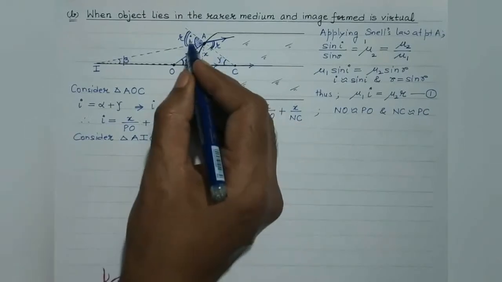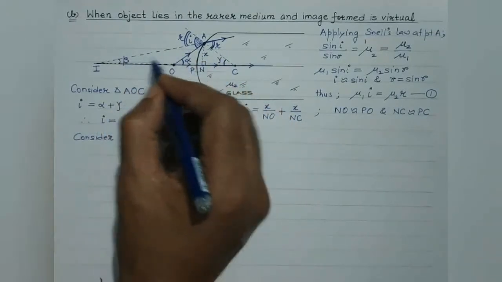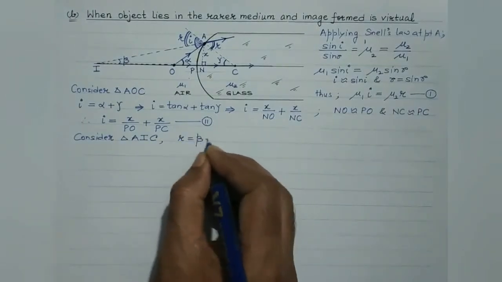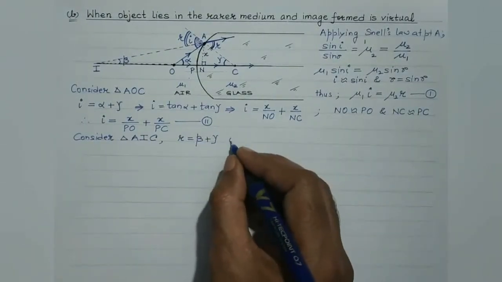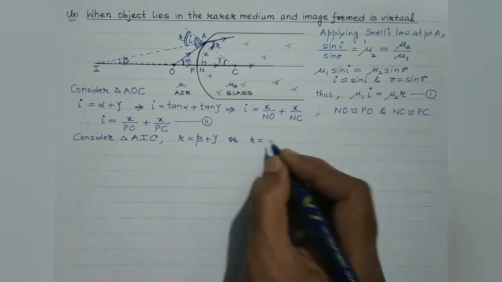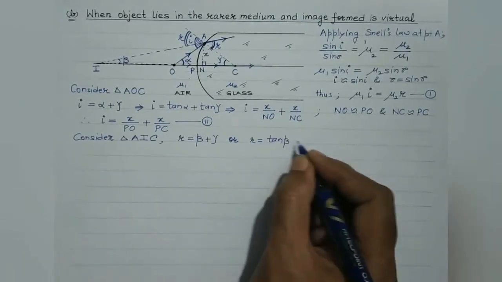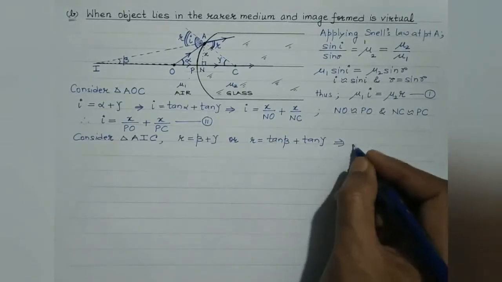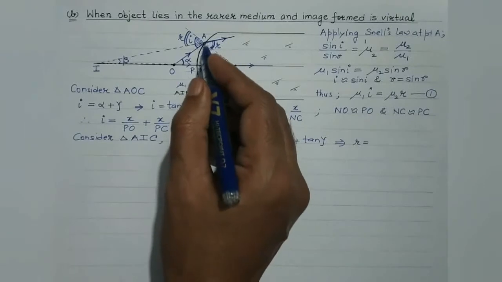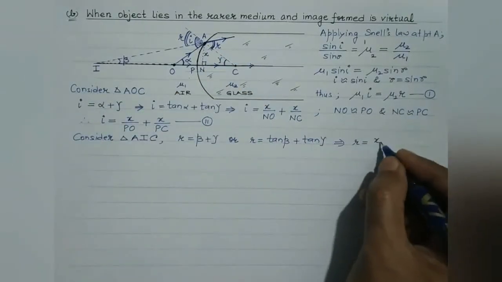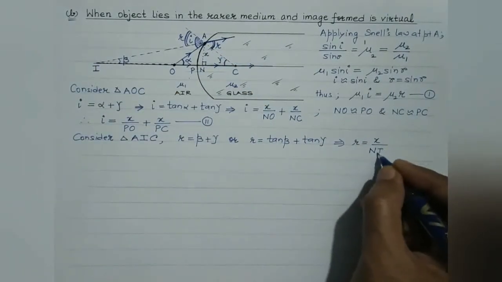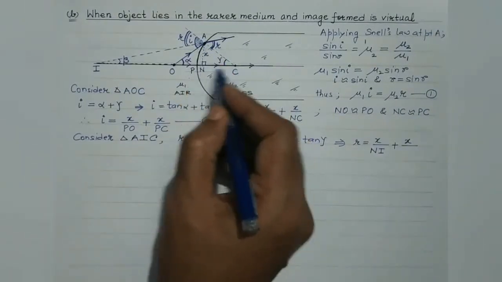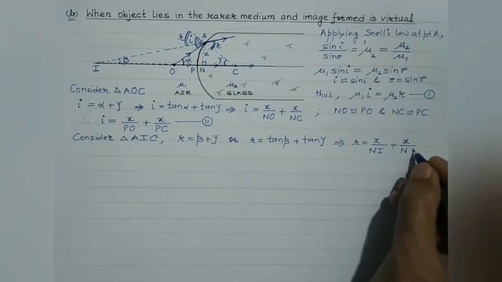Again the same thing: the exterior angle is equal to the sum of the opposite interior angles. That is, r would be equal to beta plus gamma, or r may be written as tan beta plus tan gamma, which further implies that r may be written as x over NI plus x over NC, perpendicular by base.